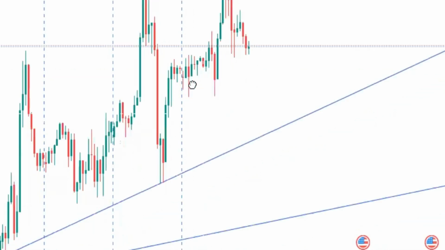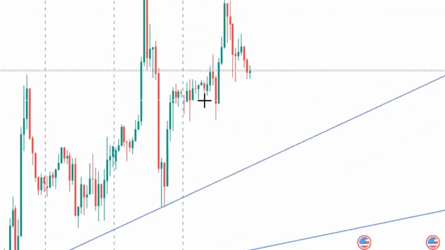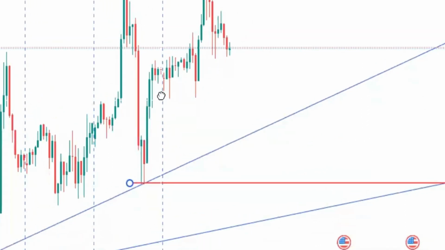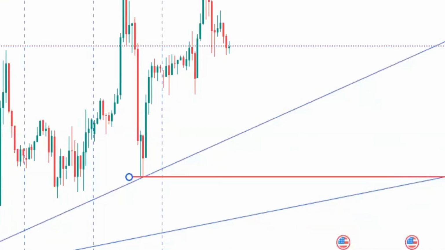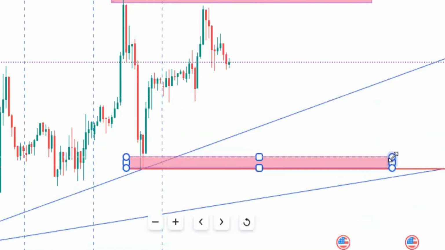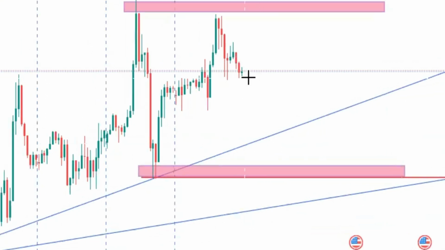We can only go back to being a downtrend if this recent low that got created here is taken off. So what we are expecting right now is, we mark this zone out. There are two things here.